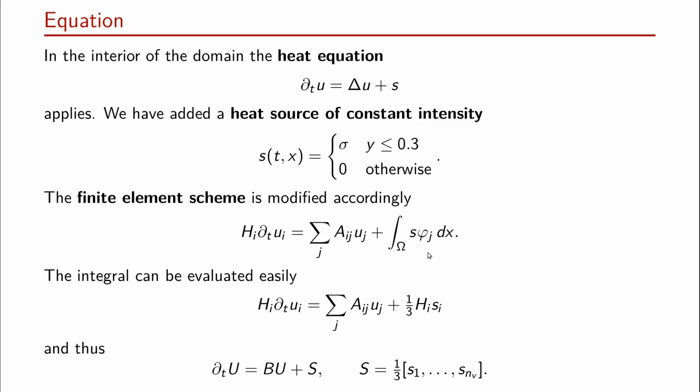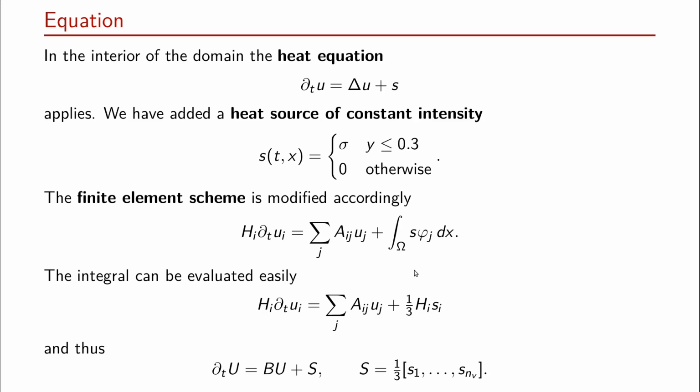Now, the integral that we have here can be evaluated easily if you think about that. On each triangle in our domain, we have a function phi j, which is 1 at one corner of the triangle and 0 at the other two corners. There are many ways to evaluate this integral.